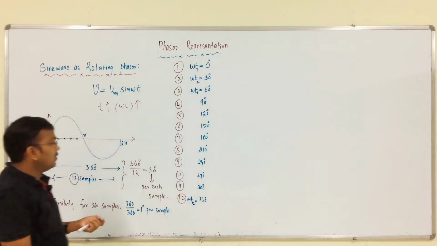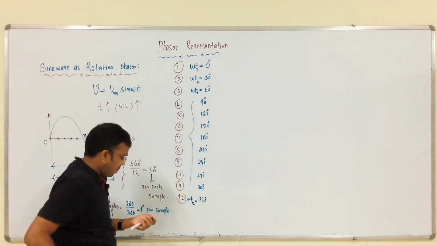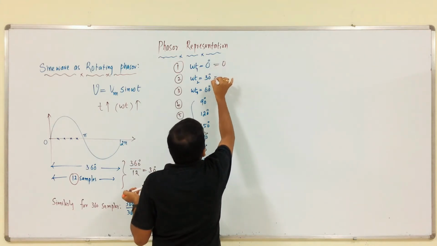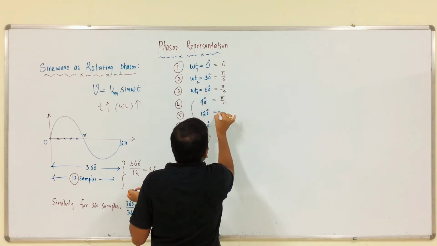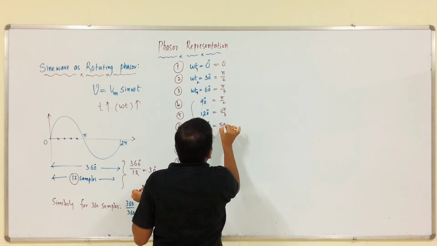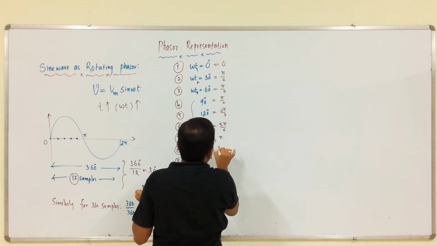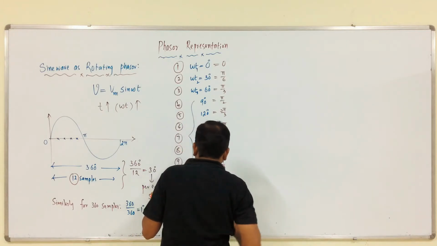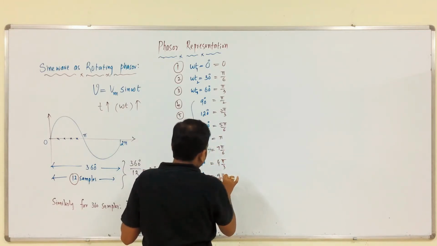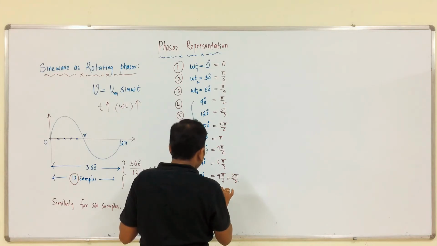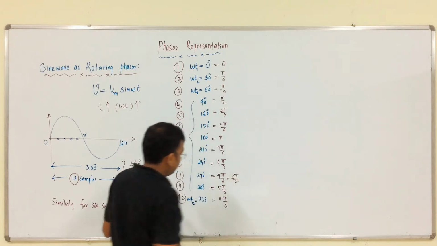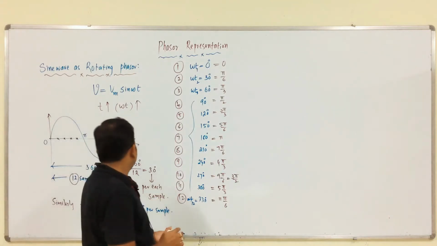In radians, these are 0, pi by 6, pi by 3, pi by 2, 2 pi by 3, 5 pi by 6, pi, 7 pi by 6, 4 pi by 3, 3 pi by 2, 5 pi by 3 and 11 pi by 6. These are the 12 instants.